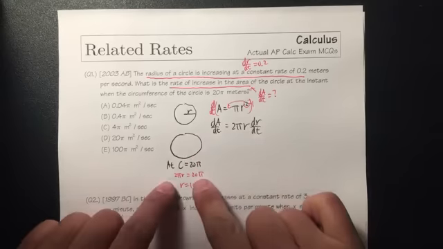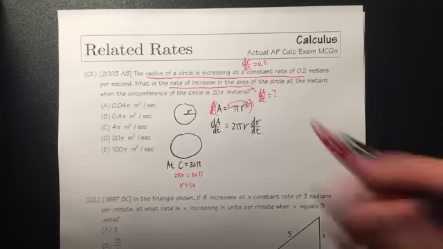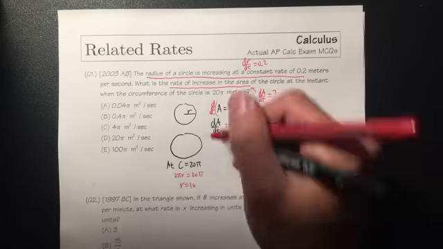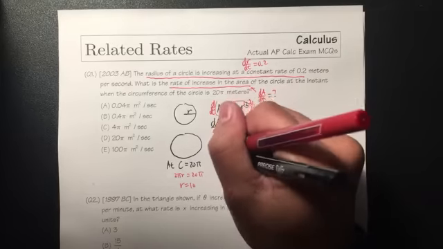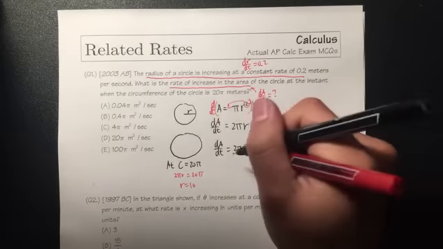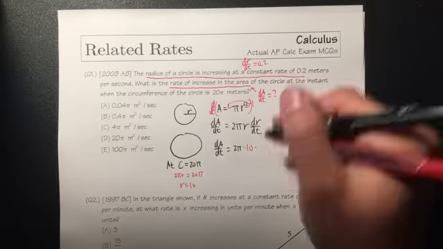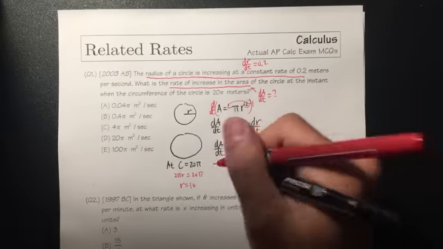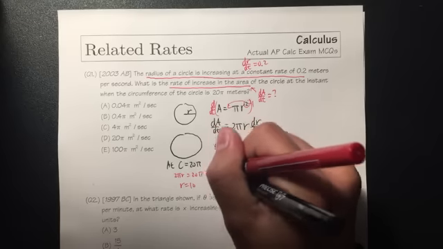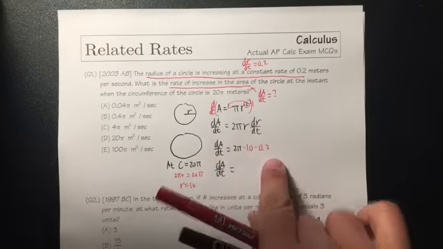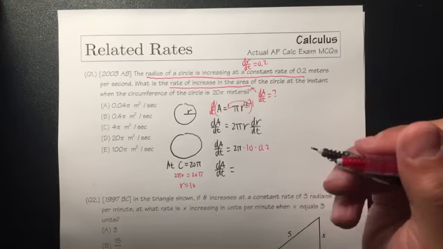In fact, you can just plug in 20 pi right here if you would like, but I will just say r is 10, and I'll do the work right here. Anyway, I will just finish this. dA/dt equals 2 pi, and once again, r is 10, and then dr/dt is 0.2. And this is pretty much all we have to do. In the end, we can just multiply everything out. 2 times 10 is 20, times this is what? Is it 4 or 0.4?